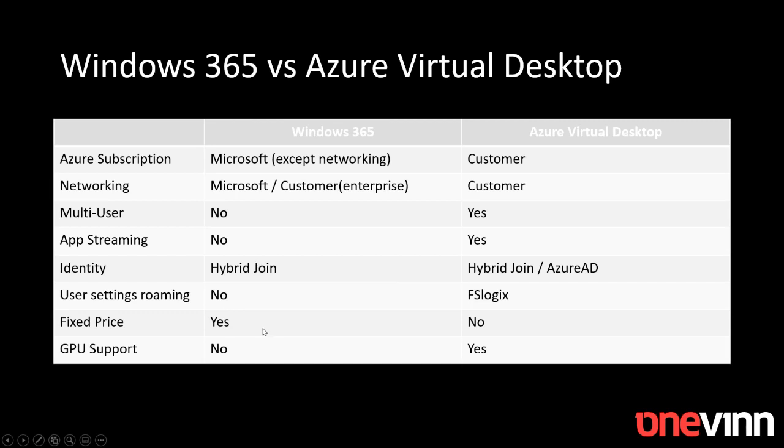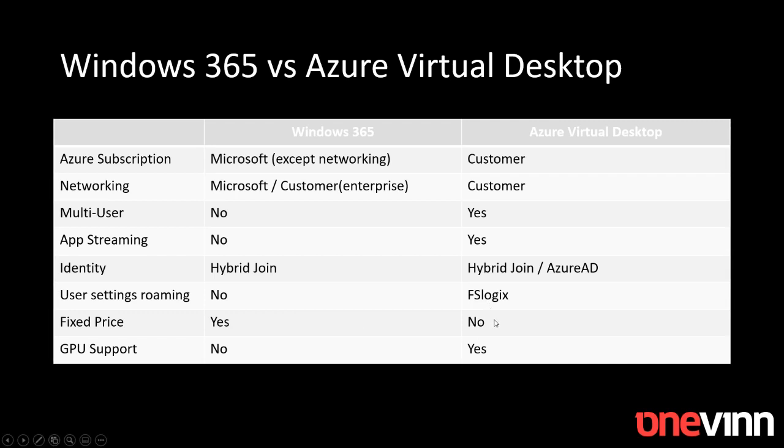Windows 365 comes with a fixed price as you purchase the license. For Azure Virtual Desktop, it's pay as you go. And that's a good and a bad thing. Many customers want a fixed price because it's easier to calculate and know the cost.